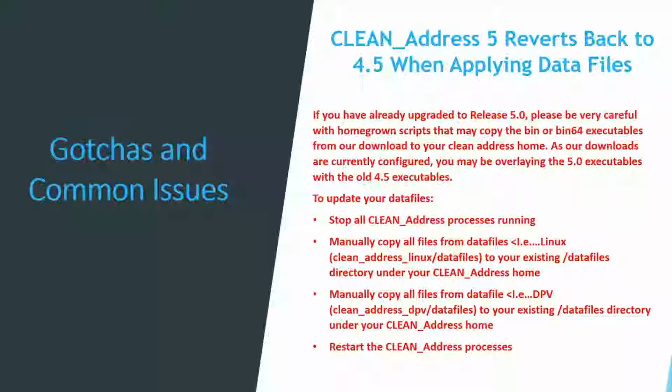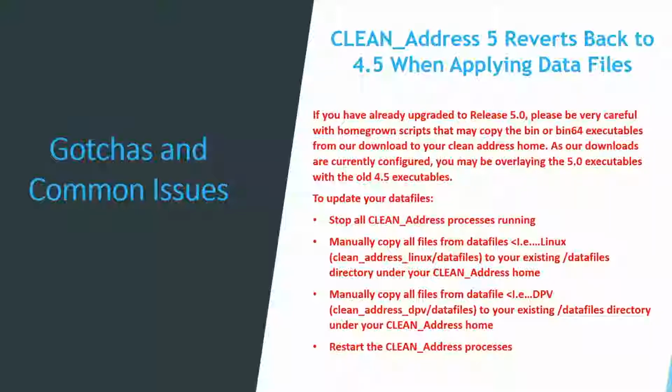Okay, so this is what Tristan was talking about earlier about reverting back to 4.5. If you currently are already on 5X, then when you get these bi-monthly updates, you don't want to copy everything over. You don't want to copy all those executables over, or it will revert you back to 4.5. So basically what you want to do is copy your data files from your Linux or whatever platform you're on into your CleanAddress data file home directory.